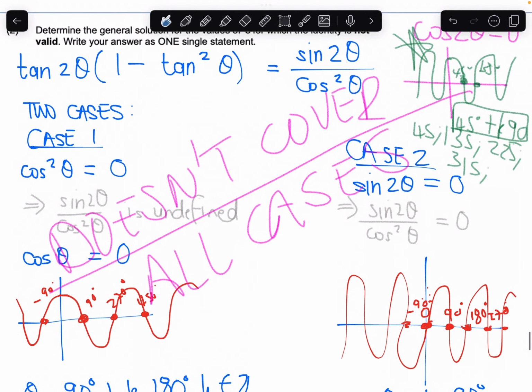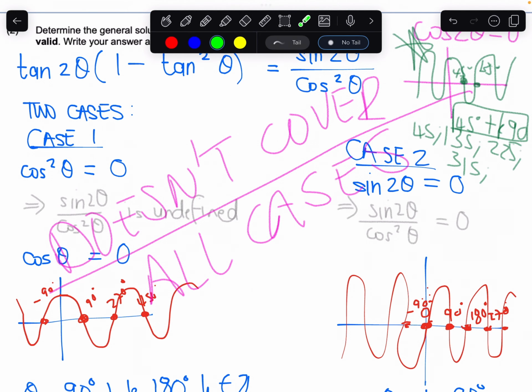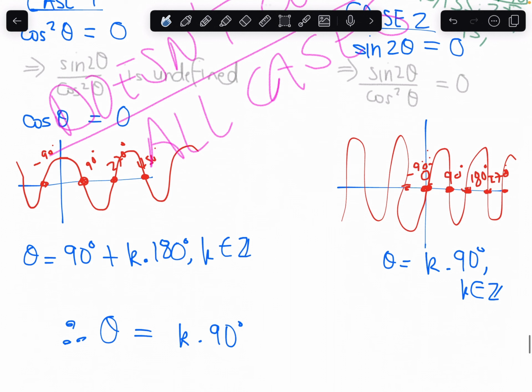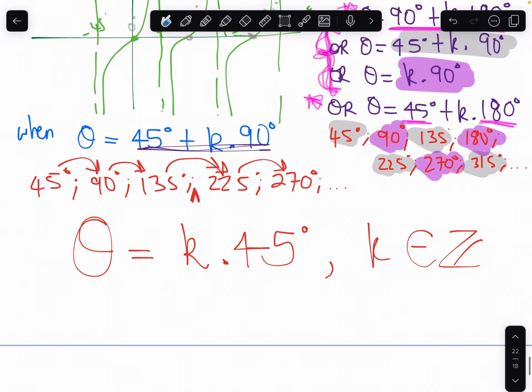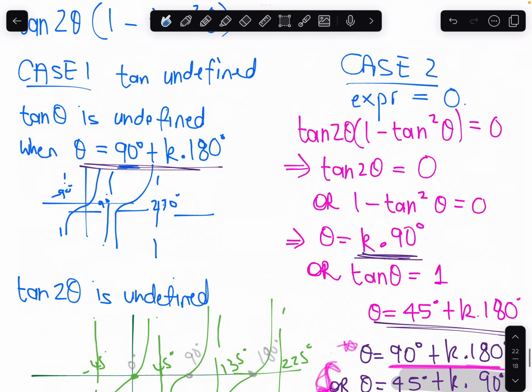And so using this one and this one, which comes from these two, we would then have the multiples of 45 as the final solution, which is also what we found with our more involved approach.